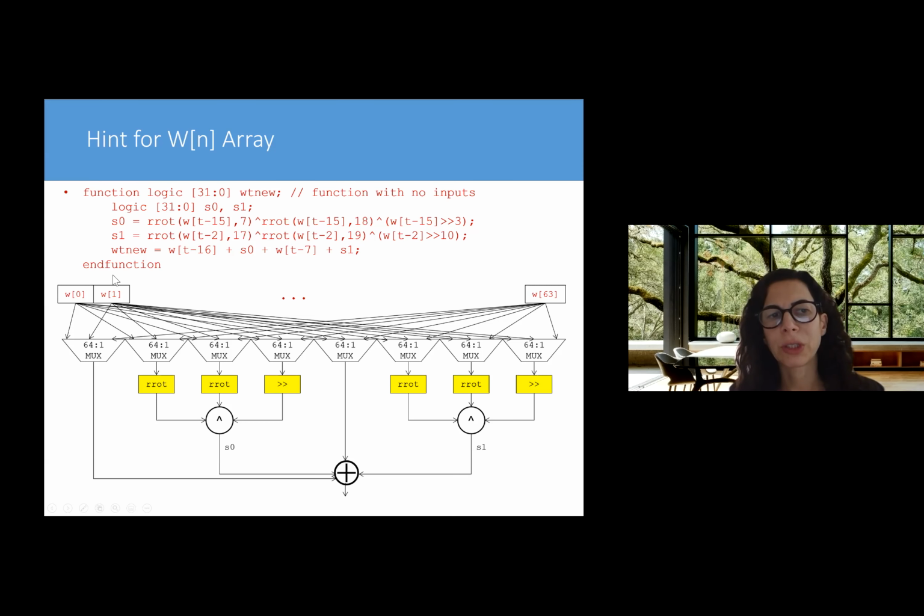And what WT new does is that it will go through the contents of these registers, and then it's going to do those operations that we had. And this is an example of those operations.